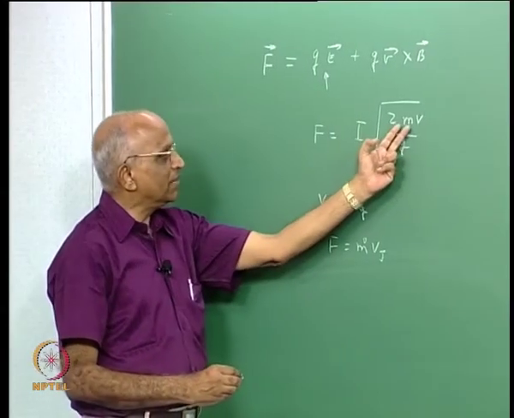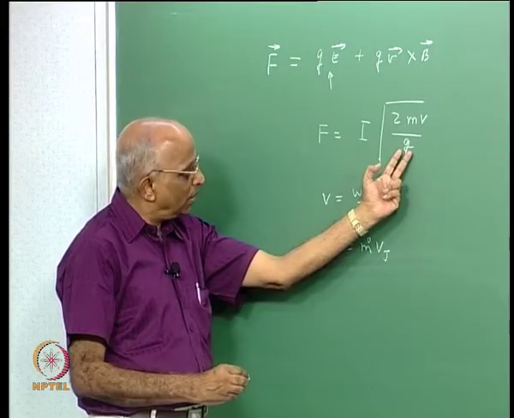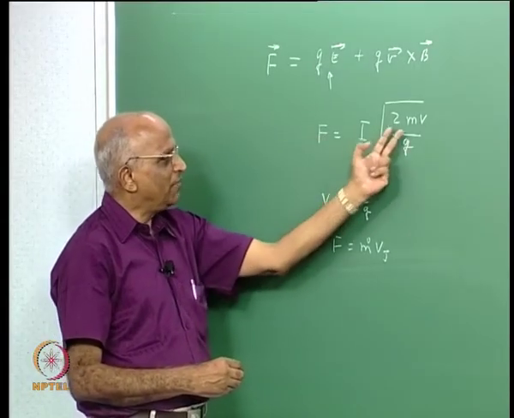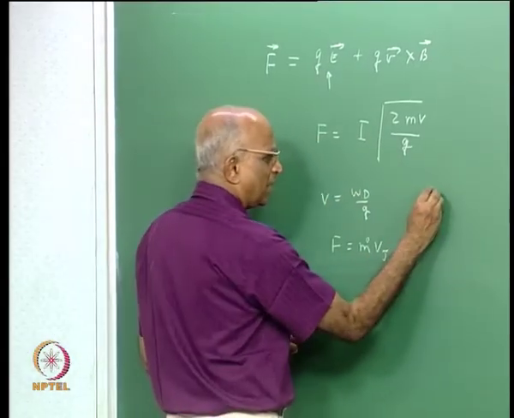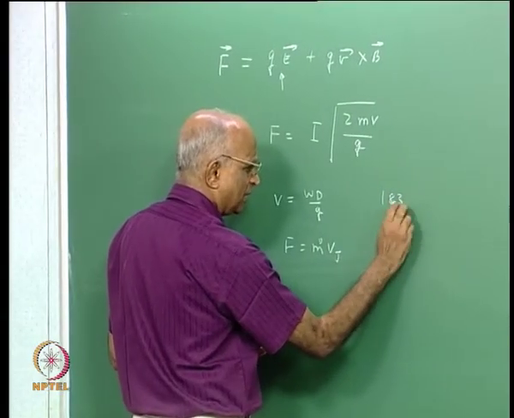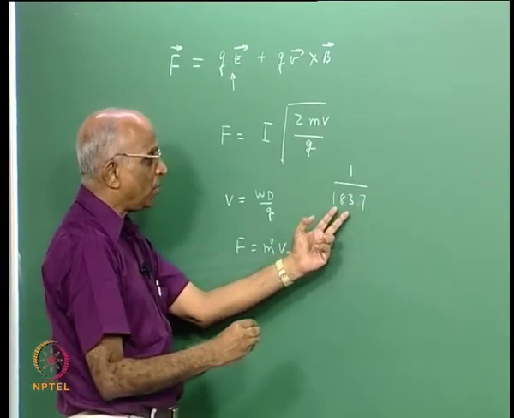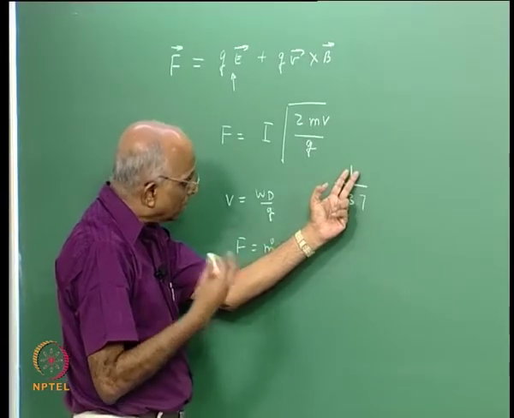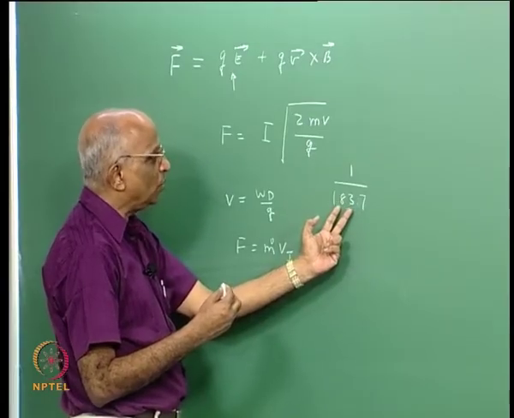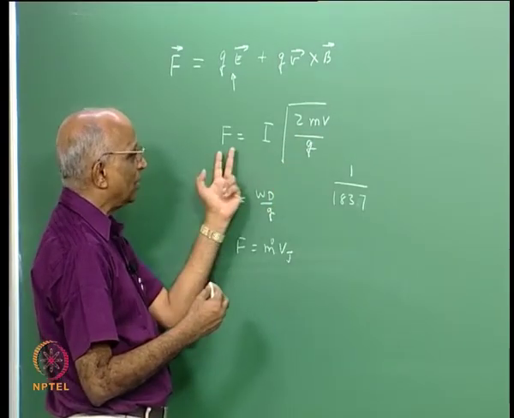We found that it is essential for the mass which we are charging to a level of Q coulombs to be substantial so that we get some force. We said electrons weigh something like 1 over 1837, or 1838, we will say 1 over this is the mass of an electron. That means if a proton weighs 1 kilogram or 1 unit, the mass of an electron is something like 1 over 2000 of a proton, and therefore it is very difficult to have electrons which will give sufficient force.